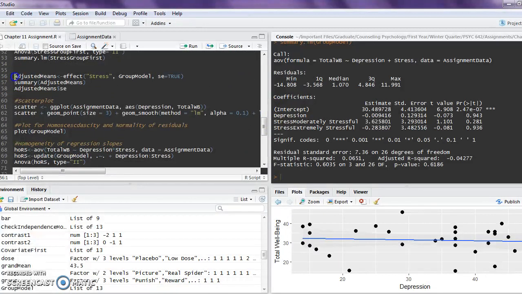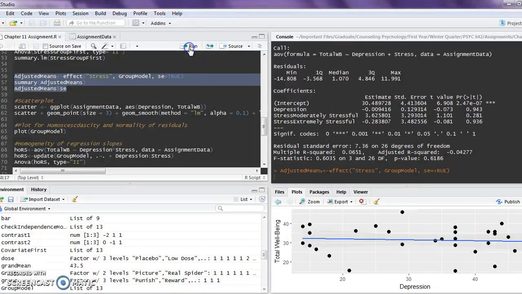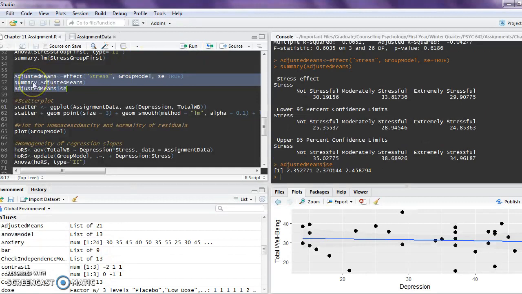So yeah, that's what we would take into account when we're thinking about order. Adjusted means, so I'm going to run these. Adjusted means are essentially the means that we're looking at, but adjusted from what we saw before, because you can't really interpret your means before you do this. Now that we're looking at them adjusted, we can get a better eyeball of it, even though our ANCOVA model just confirmed it.